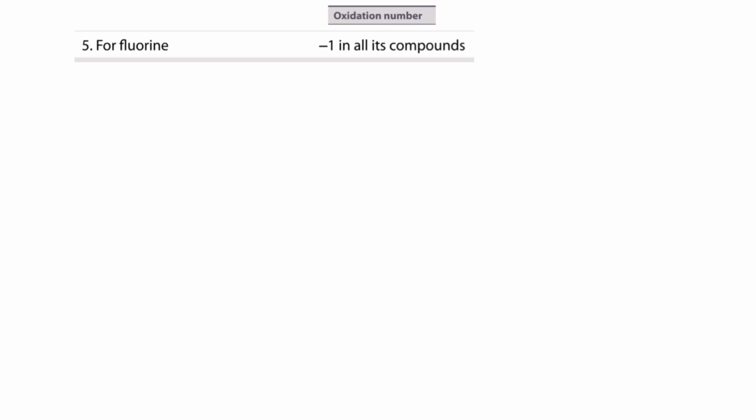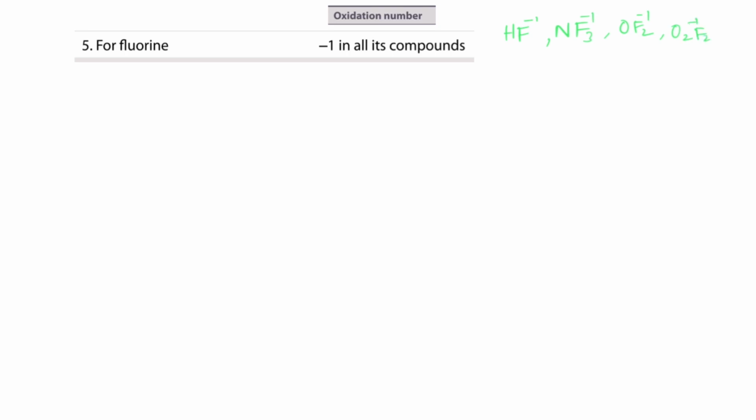Fifth rule, for fluorine, -1 oxidation number in all its compounds. Example, HF: in this, fluorine is -1 oxidation state. Next, NF3, in this also fluorine -1. OF2, in this also -1.